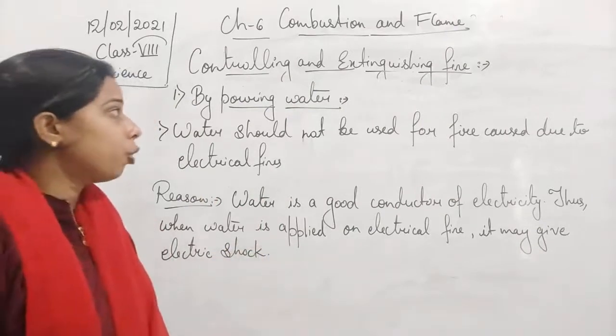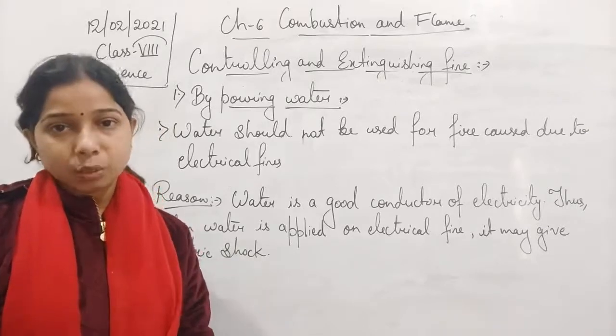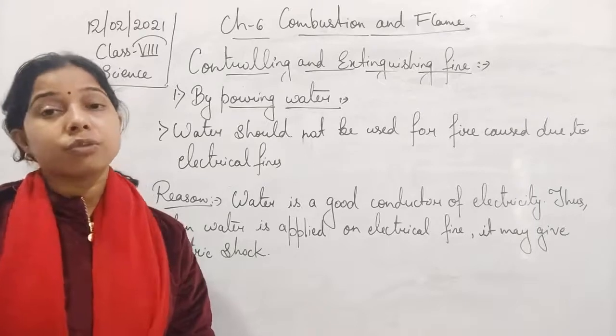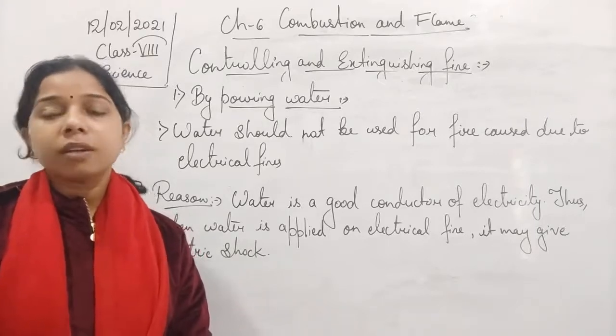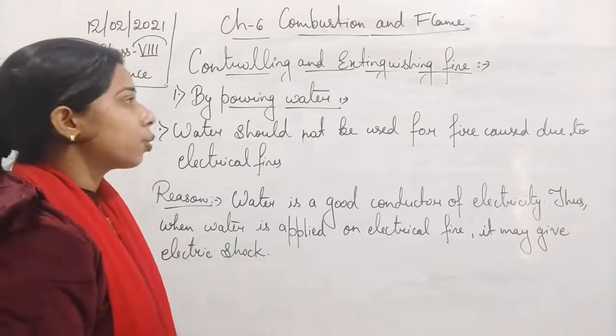Okay, so I hope you have understood that pouring water is a method for extinguishing fire, but there are some limitations that we should keep in mind while pouring water for extinguishing fire. So this is the first method for controlling and extinguishing fire.